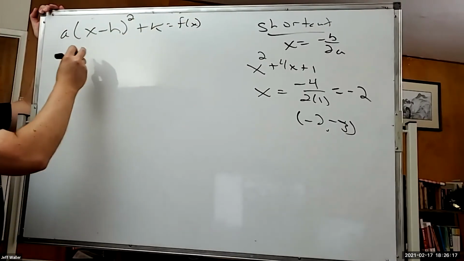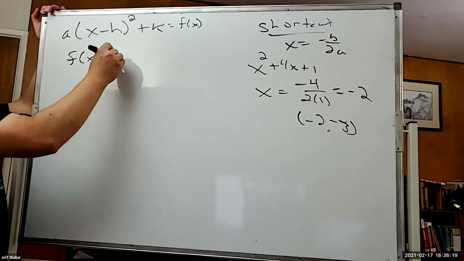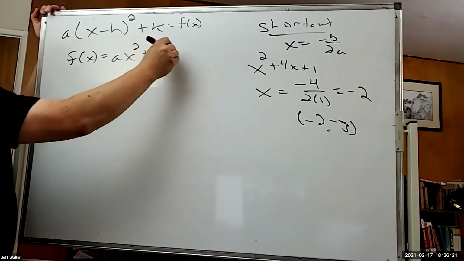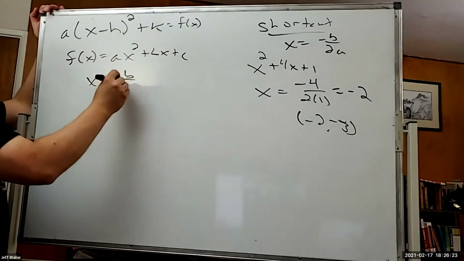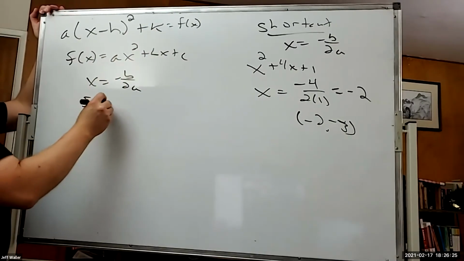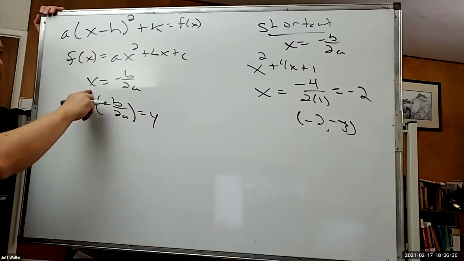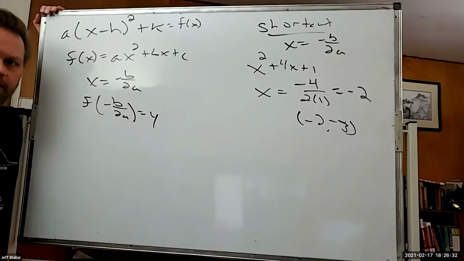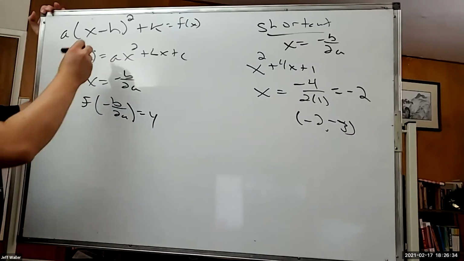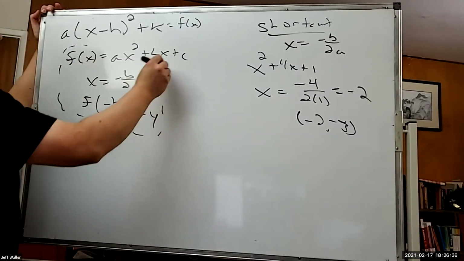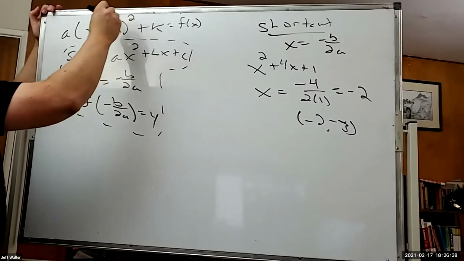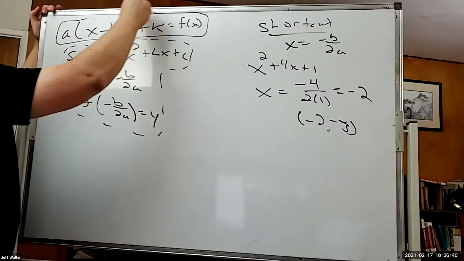And another way is given this, do this, and do this, right, to get the x piece, and then you plug it in to get the y piece. So this is a shortcut to this procedure.